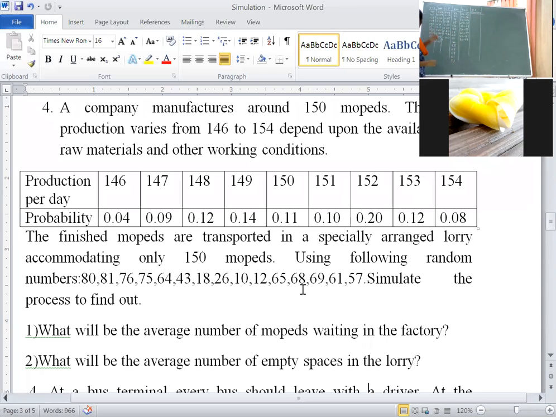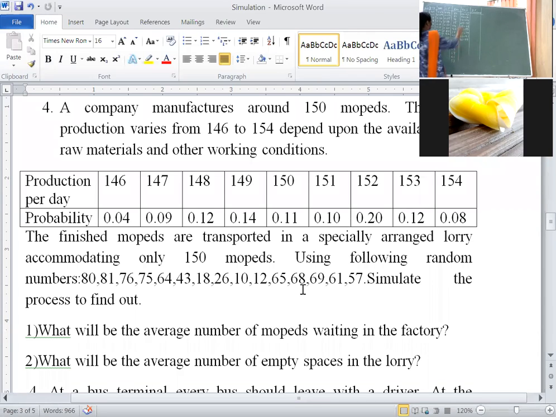First one is 80, that means 153. Otherwise, if you want to take it a day, you take it 1, 2, 3, 4, 5, that is better. 1, 2, 3, 4, 5, 6, 7, 8, 9, 10, 11, 12, 13, 14, 15, that is better.